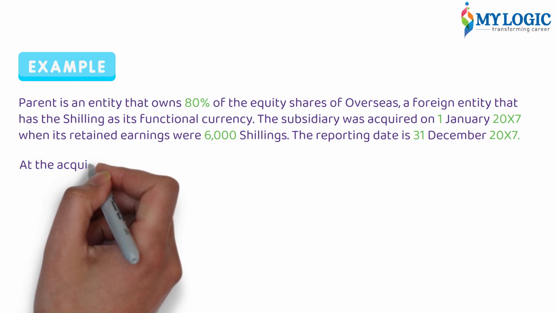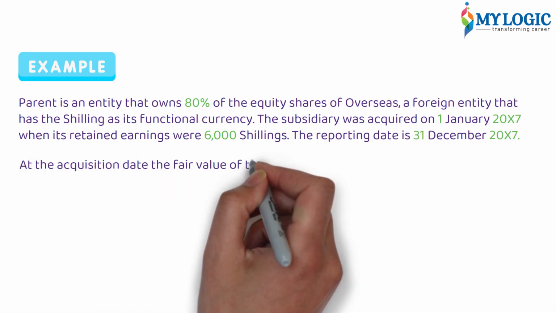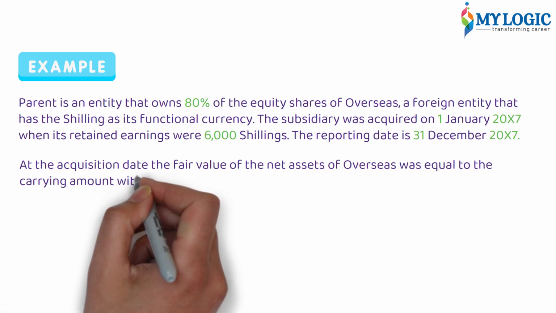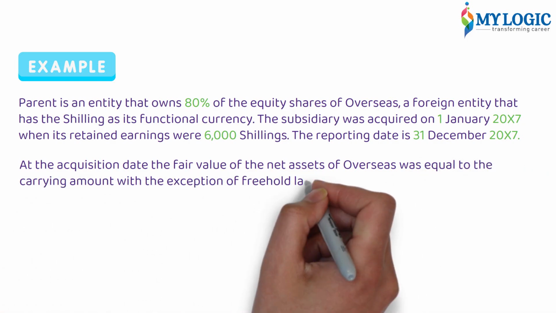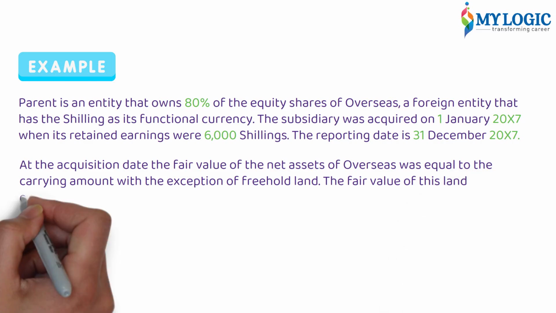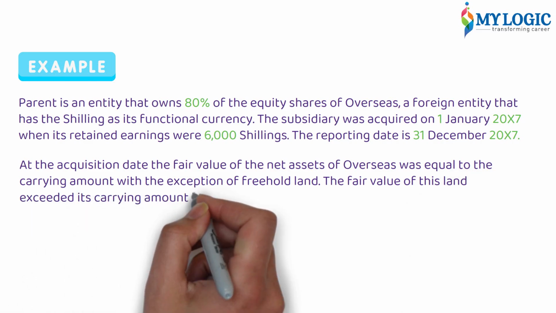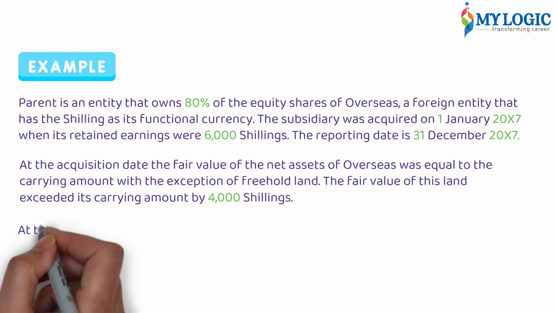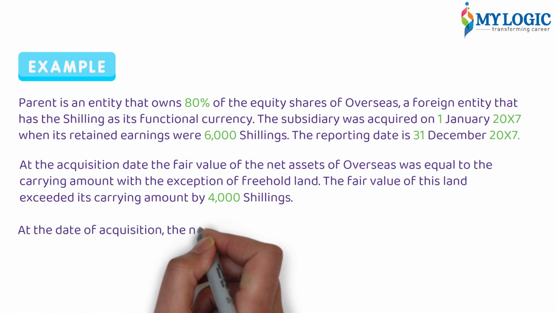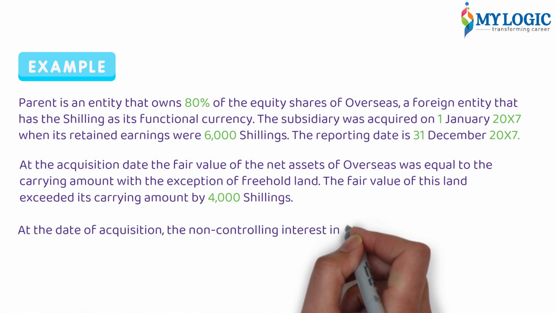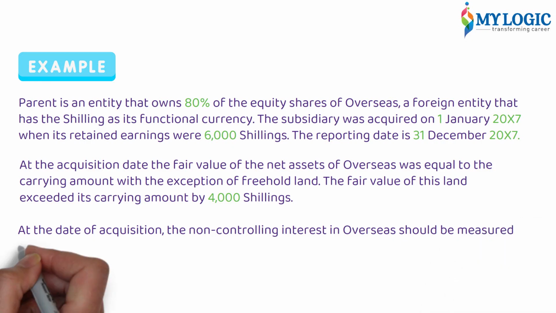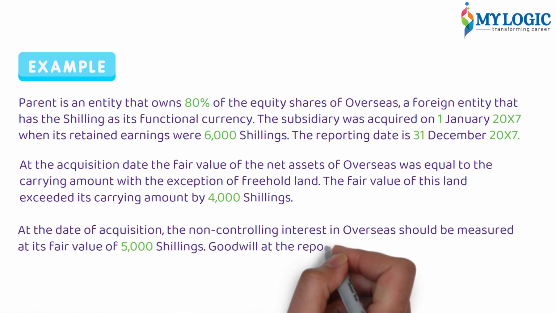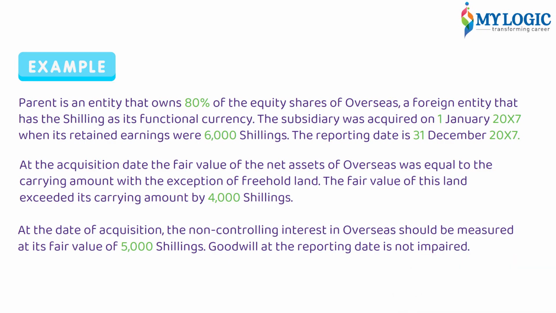At the acquisition date, the fair value of the net assets of Overseas was equal to the carrying amount, with the exception of freehold land. The fair value of this land exceeded its carrying amount by 4,000 shillings. At the date of acquisition, the non-controlling interest in Overseas should be measured at its fair value of 5,000 shillings. Goodwill at the reporting date is not impaired.